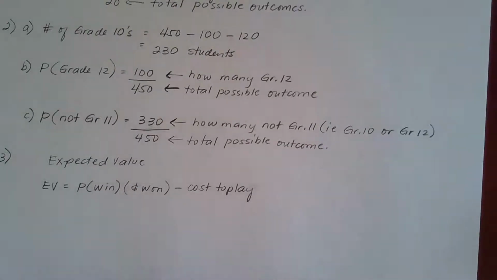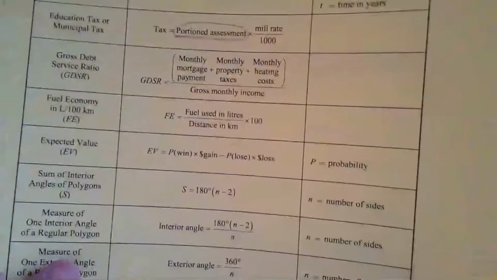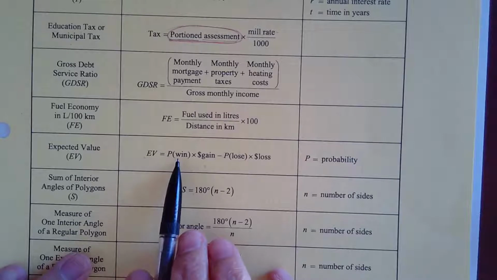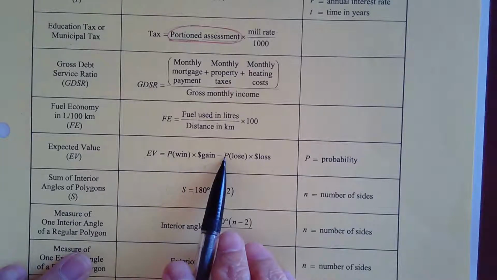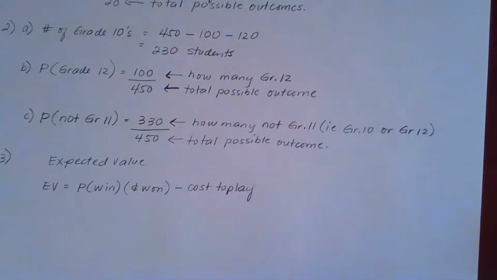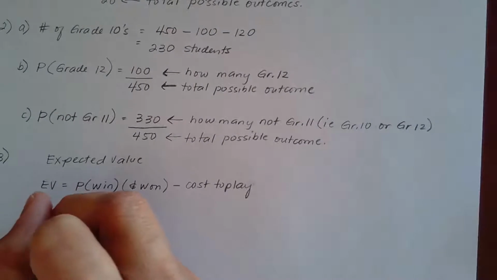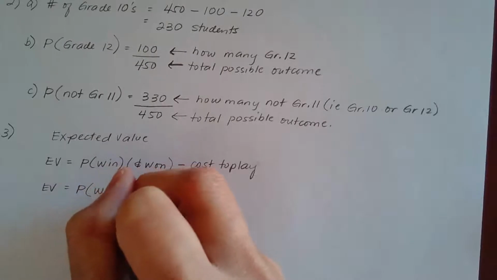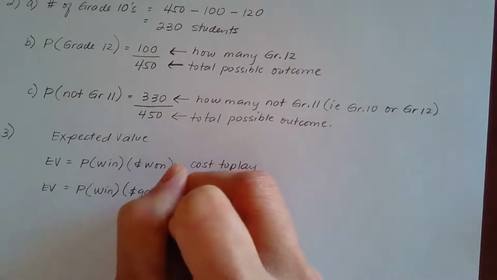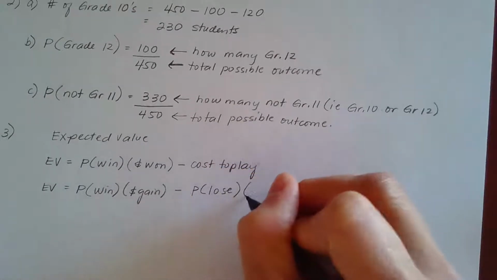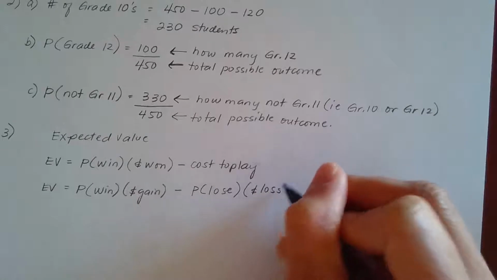Now, the other expected value formula that was outlined on our formula sheet is this: probability of win times the gain, minus probability of losing times how much money was lost. So this is the other expected value formula: win times gain, minus probability of lose times how much we lost.